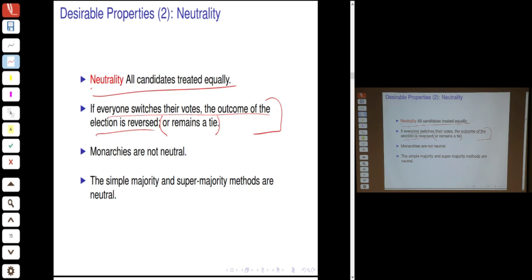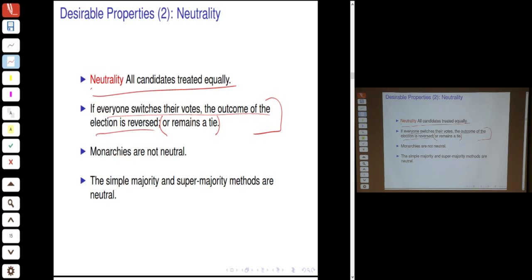So if there are two candidates, A and B, and everyone switches their A vote to B, or if they had voted B, they switch their vote to A, then of course, for example, if you are deciding by the simple majority method, if A had gotten more votes than B, now if you switch the votes of A and B, B will get more votes than A, and B will be the winner by the simple majority method, right?